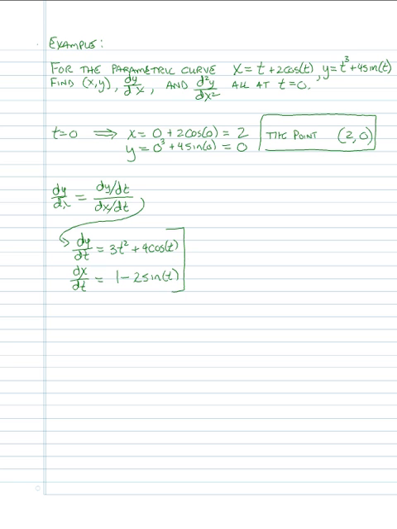From there we have the derivative of y with respect to x being the derivative of y with respect to t divided by the derivative of x with respect to t. We get the fraction 3t squared plus 4 cosine t, divided by 1 minus 2 times sine of t.